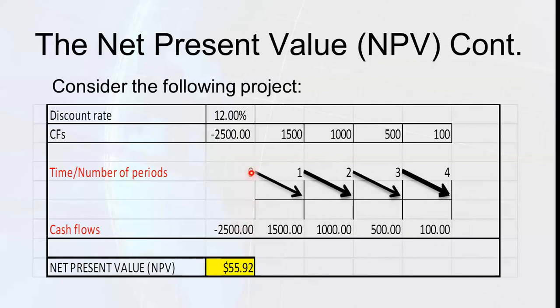So at time zero, we have a cost, which is negative, and then at the end of each period, we're going to have a cash inflow. This is a typical example: we have the cost here, and then future cash flows, which are all positive. So it's a conventional example.